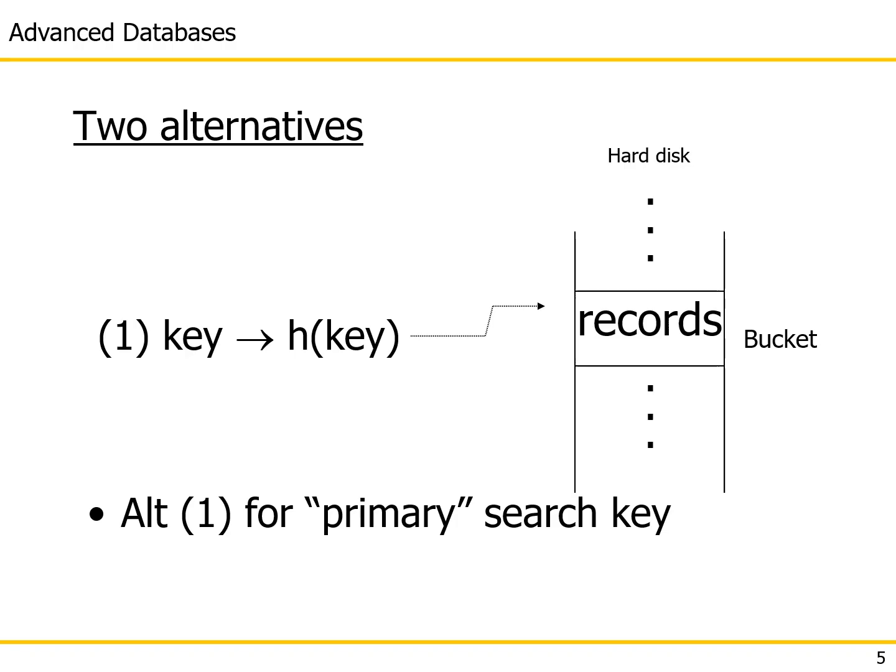Now let's try to put things a little bit more solid. What should the value associated with the key be? If you have access to the hard disk right away, and you know where the page is, or where the row is inside a page, you can just directly point to it, right?